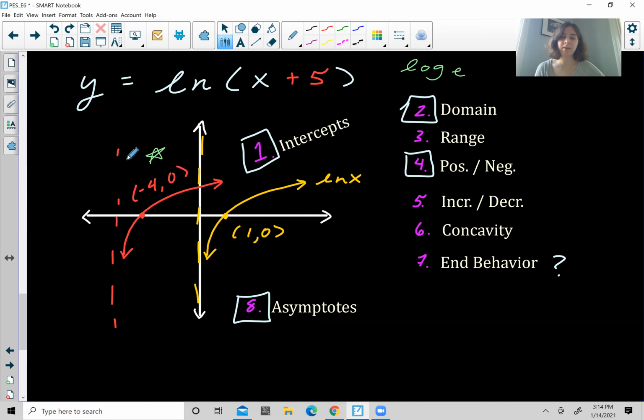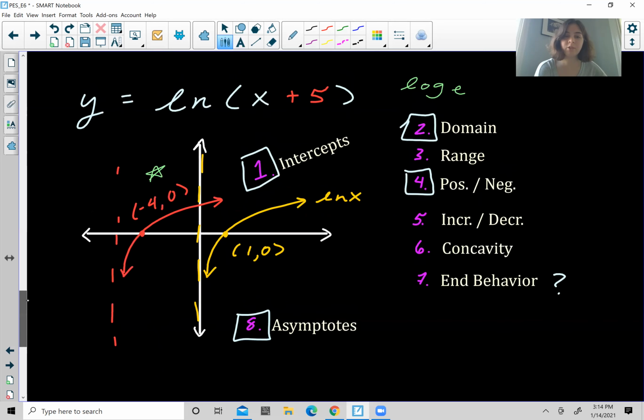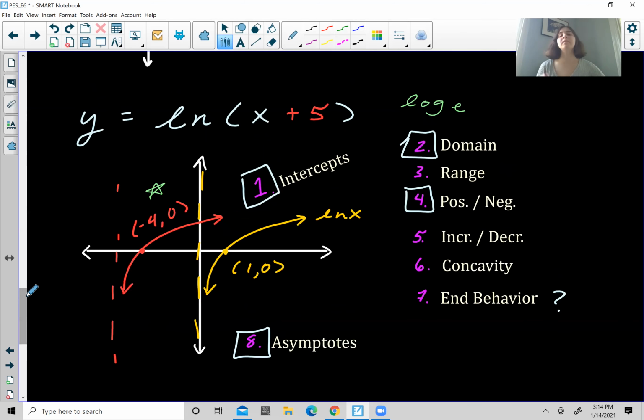Number 2, domain. We used to just plug in between 0 and infinity, but now we have that plus 5 that kind of changes things. And so really, we can plug in anywhere from negative 5 to infinity, because negative 5 plus 5 is going to give us that 0 mark that we had before.